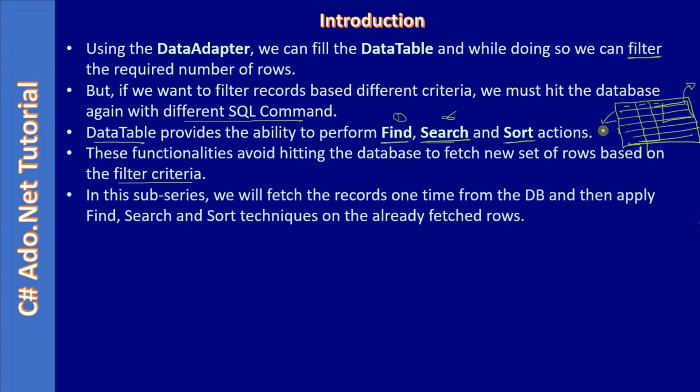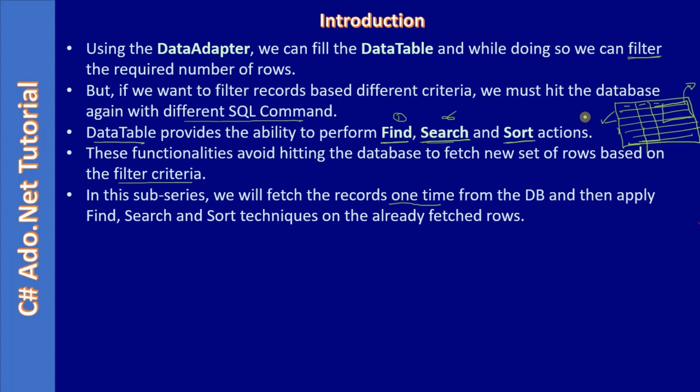In this sub-series, we will fetch the records one time from the DB and then apply find, search and sort techniques on the already fetched rows. The rows are fetched already, and ADO.NET will work in a disconnected manner, and in the disconnected data table we will perform all these operations, that means find, search as well as sort.